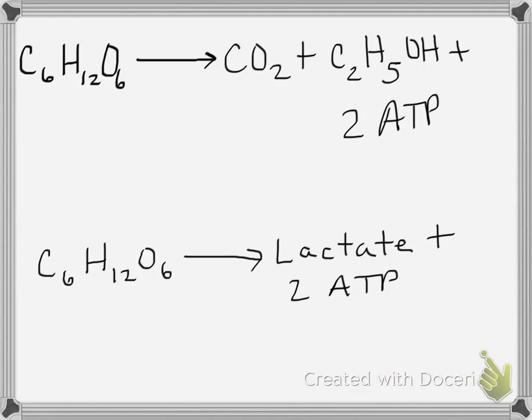Did we add that? Yes. Okay, both of these, you tell me, is this aerobic or anaerobic? These are both anaerobic. How do you know? No oxygen as a reactant. The top one makes alcohol, and the bottom one makes lactic acid.